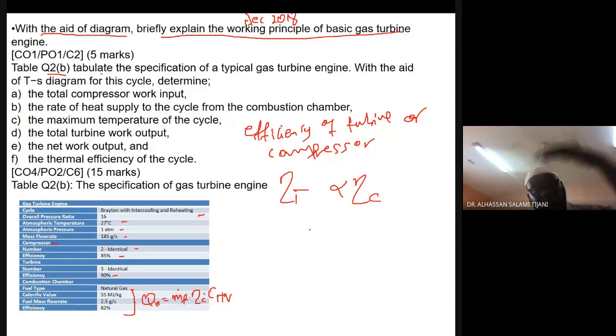So it means you have to consider both cases. All right? So both isentropic efficiency for the turbine and the compressor respectively. And here we have how many compressors? 2 compressors. And how many turbines? 3 turbines. So now, to draw the diagram on a TS diagram, it's going to look like this.